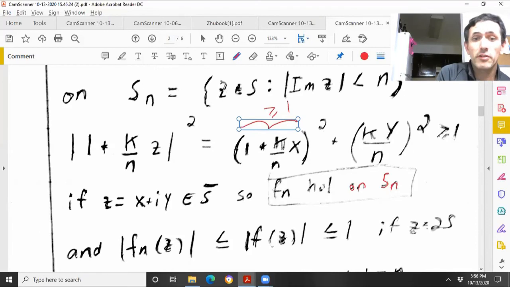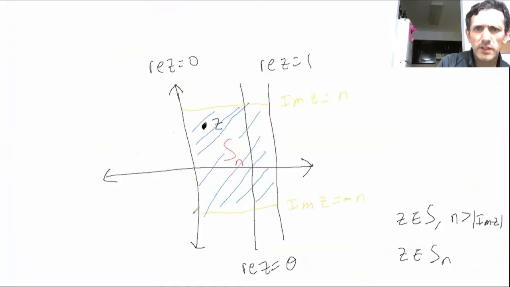That's true for everything in the closed strip, but in particular, if z is on the boundary, then f of z in modulus is less than or equal to 1. So that's great. We know that on these boundary portions here, Fn in modulus of z is nice, it's less than or equal to 1.